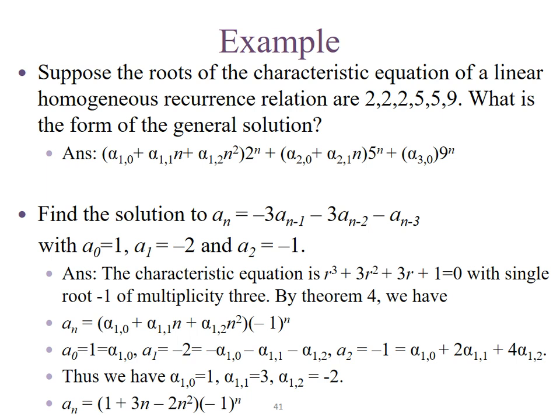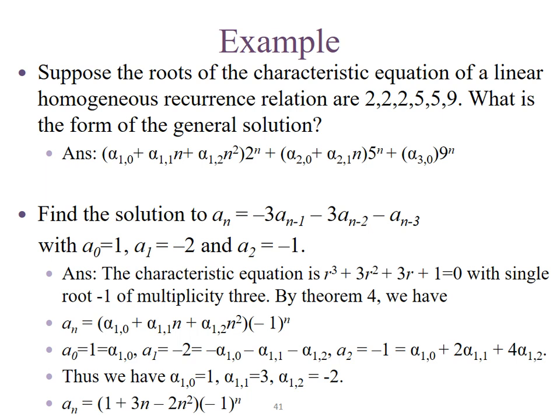Okay, so if we have a root of multiplicity 3, then we will have 3 terms: alpha_1,0, alpha_1,1 n, alpha_1,2 n squared, times minus 1 to the power of n.